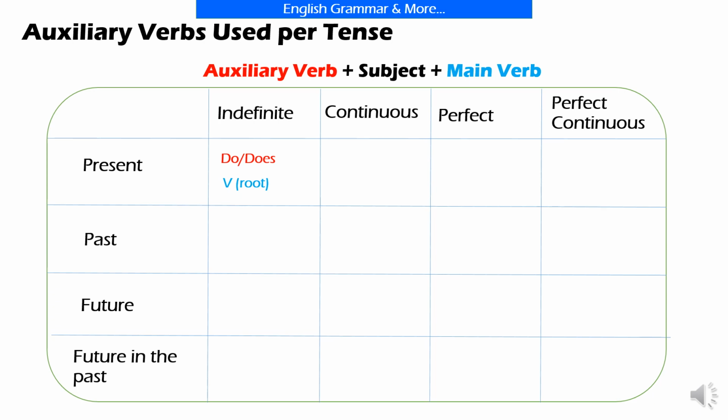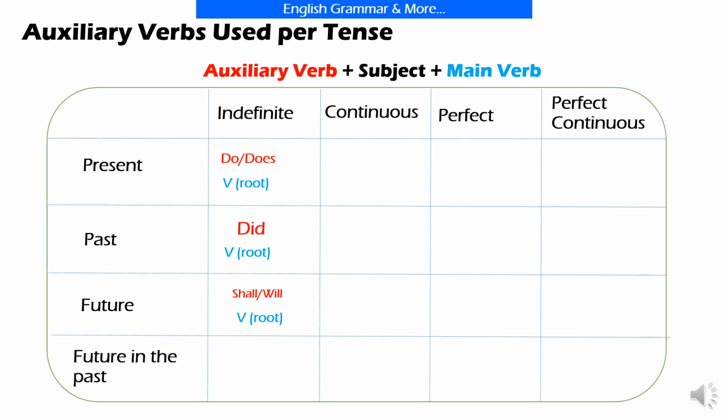If the sentence is in the past indefinite tense form, then as an auxiliary verb you will use did, and the main verb in the sentence will be in its root form. If the sentence is in the future indefinite tense form, then as an auxiliary verb you will use shall or will, and the main verb will be in its root form.